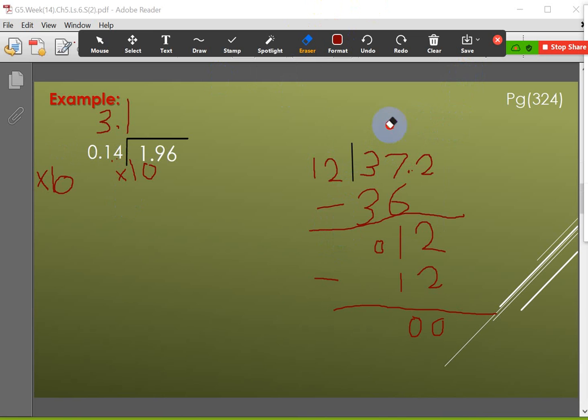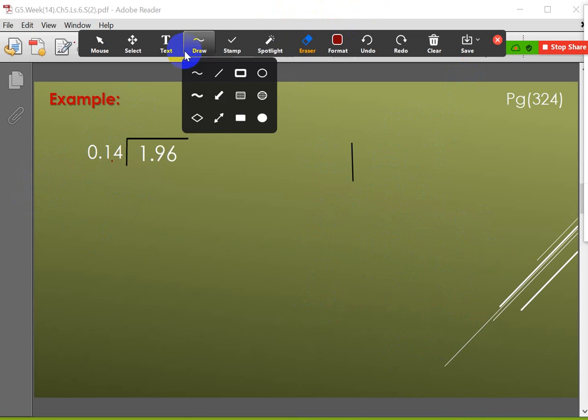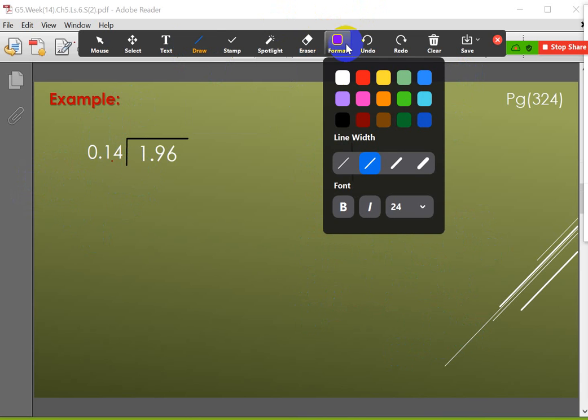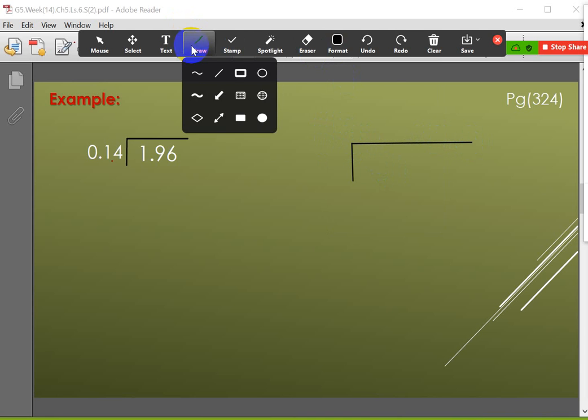1.96 divided by 0.14. Okay, so I want to divide 1.96 by 0.14, but my problem is the divisor is what?